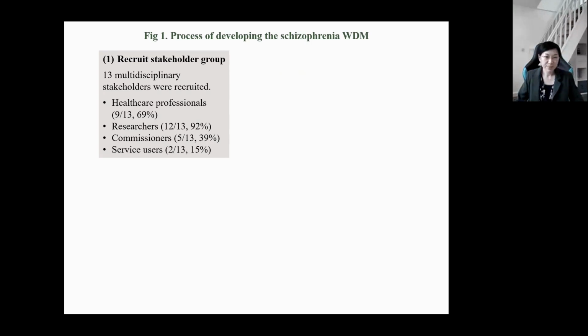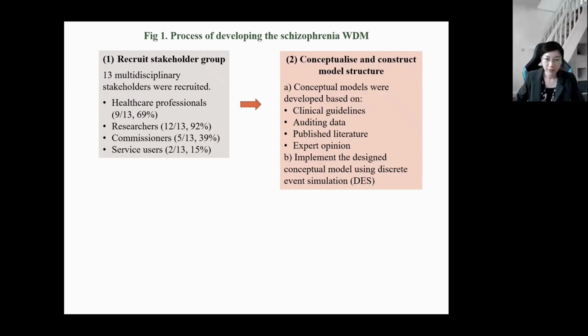So the first step for me was to recruit stakeholders. I recruited 13 multidisciplinary stakeholders with different backgrounds, including healthcare professionals, researchers, commissioners, and service users. And then the second step is to conceptualize and construct the model structure.